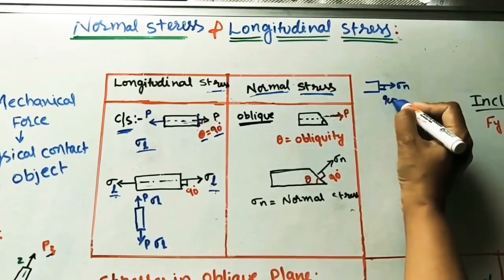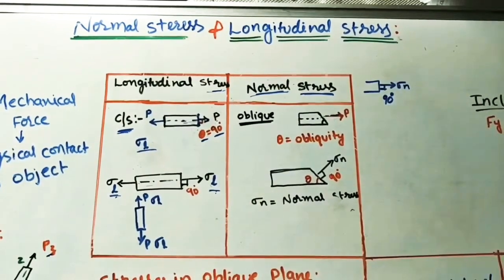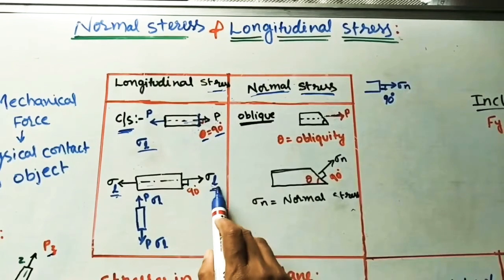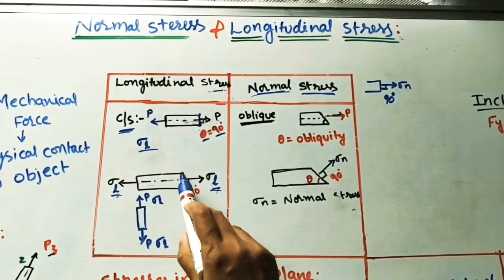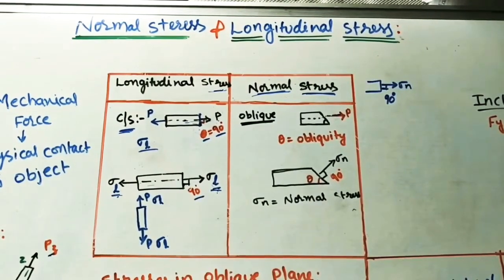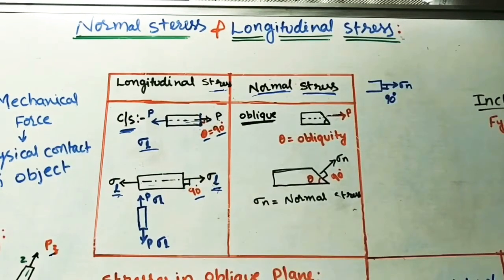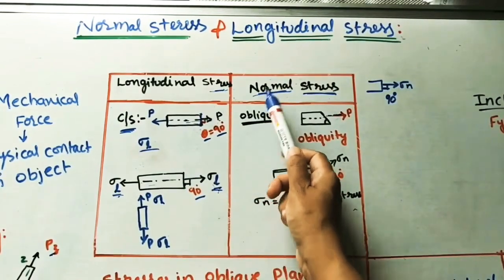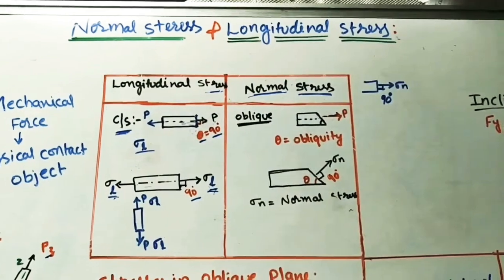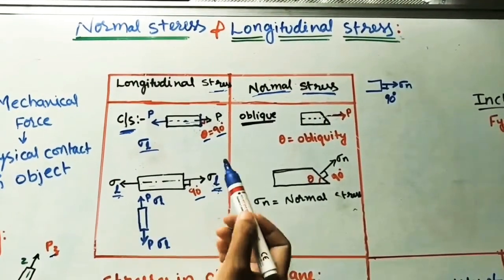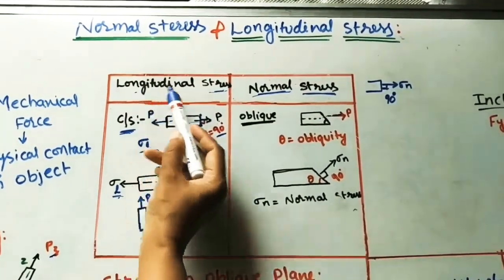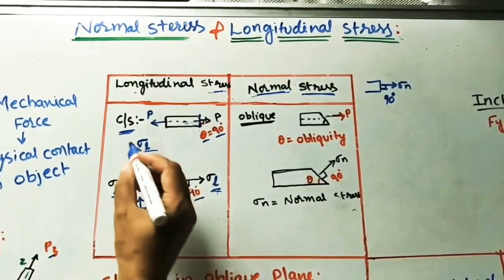In this case, is the longitudinal stress at 90 degrees to the surface? Yes, it is. So we can call longitudinal stress by another name, normal stress. This stress is either longitudinal stress or normal stress.